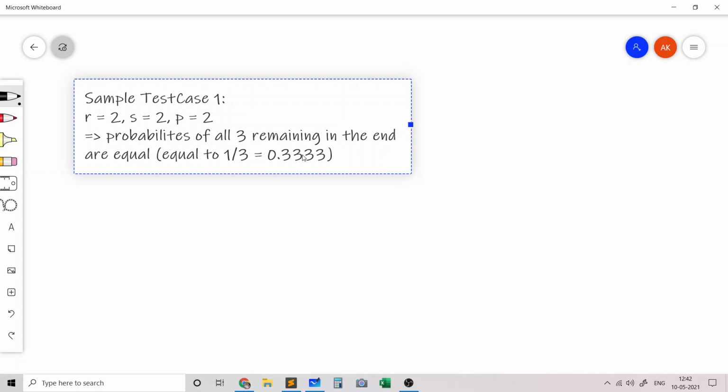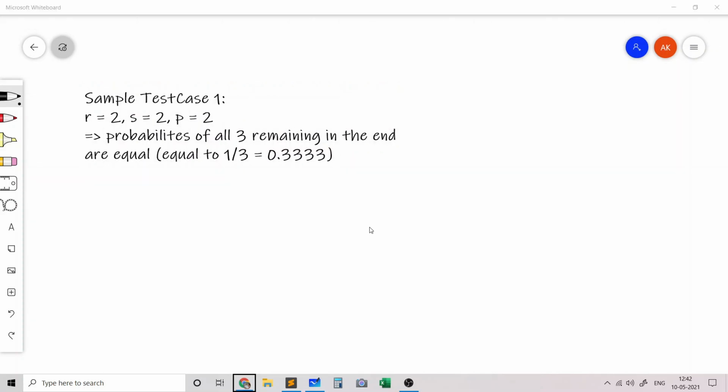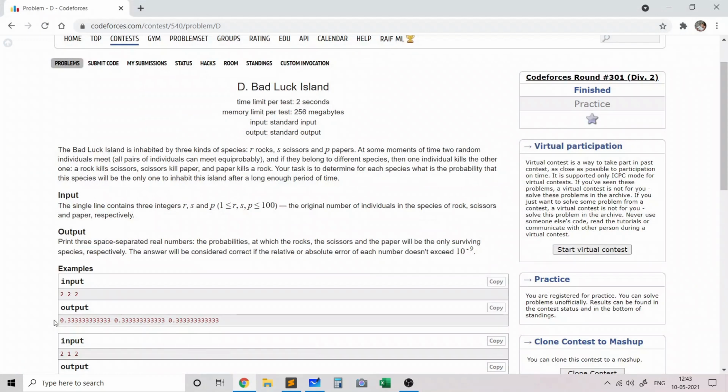So that's what we would print. As you can see, the output is 0.333, 0.333 and 0.333. Also, we need to print the output to a precision of 9 decimal places, in one line, as 3 space separated probabilities.